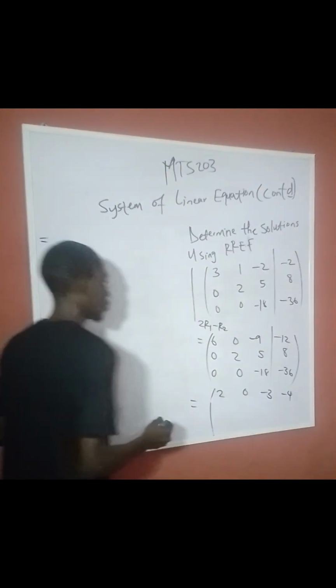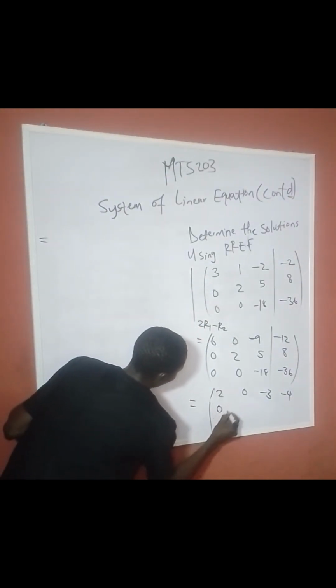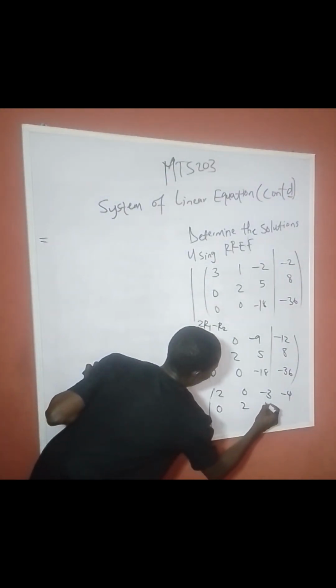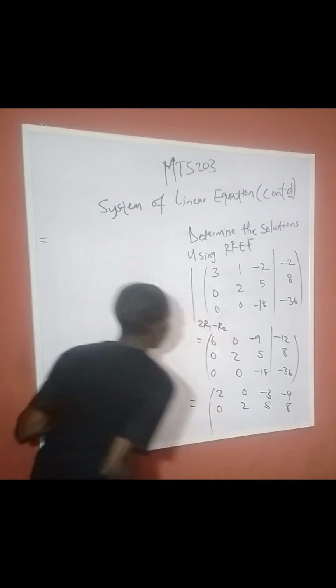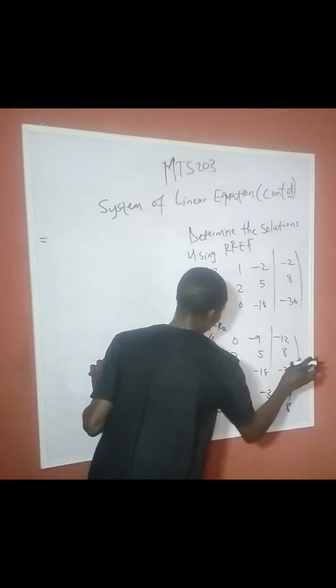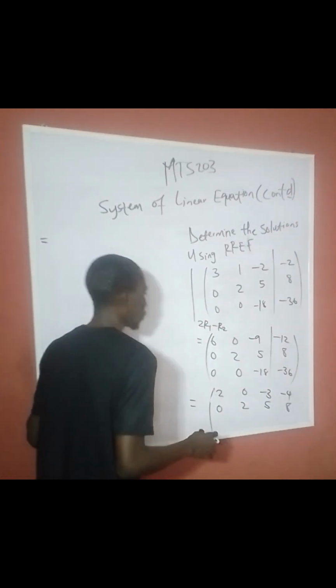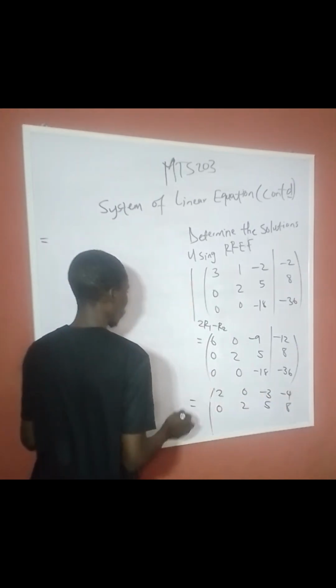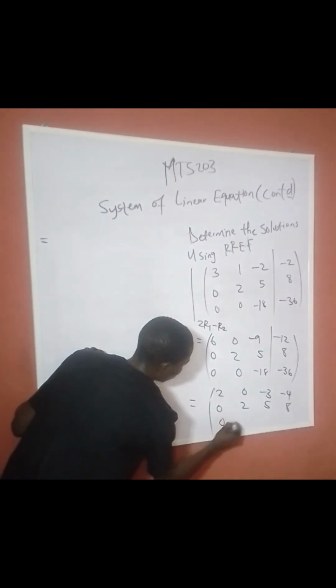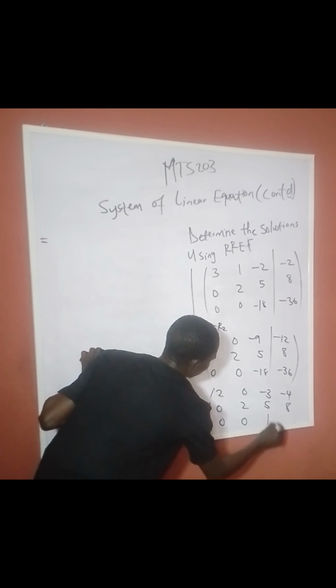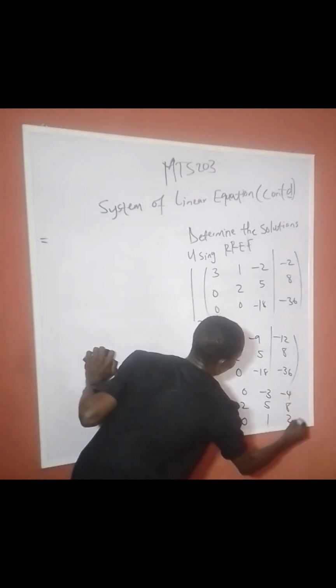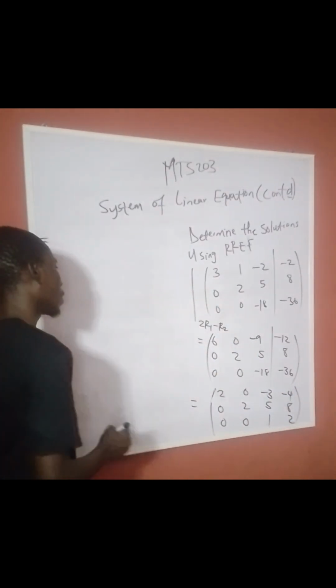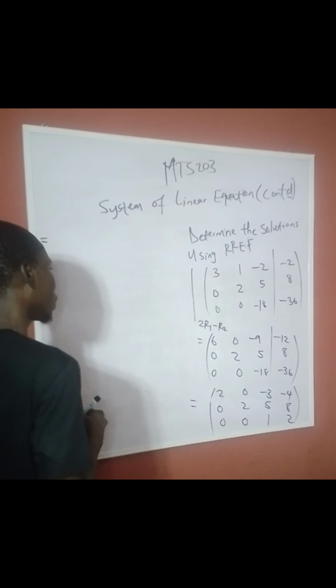My second row is 0, 2, 5, 8. And my third row, I can divide by minus 18, since they are multiples of minus 18. So 0, 0, 1, and then 2. Okay, I can see that I have them in a simpler form.